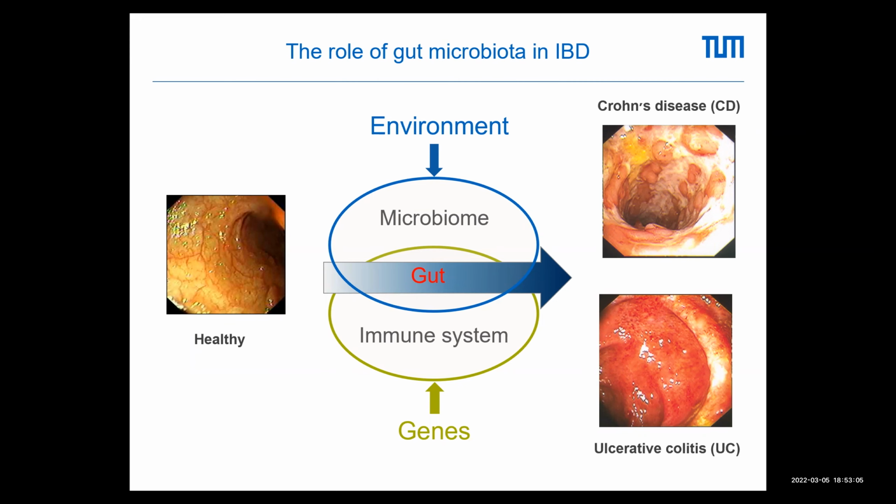Crohn's disease can affect any part of the intestinal tract, going from the small intestine to the colon or the rectum, while ulcerative colitis is usually restricted to the colon. And as you can see here in this colonoscopy, this is how a healthy colon looks and how it is impacted in inflammatory bowel diseases.